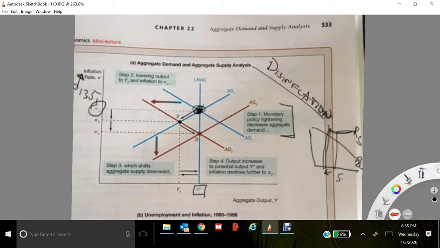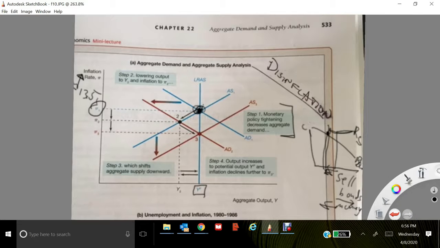The Fed's going to sell bonds or treasury bills. Bonds go to the public. Money goes out of the public space, right? Reserves fall.